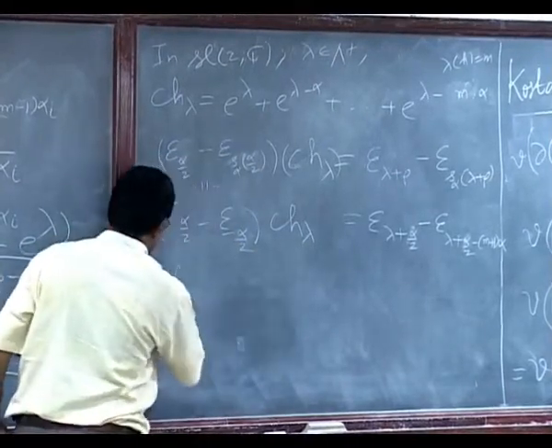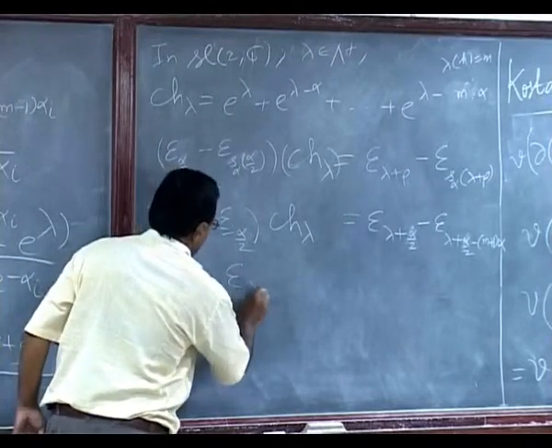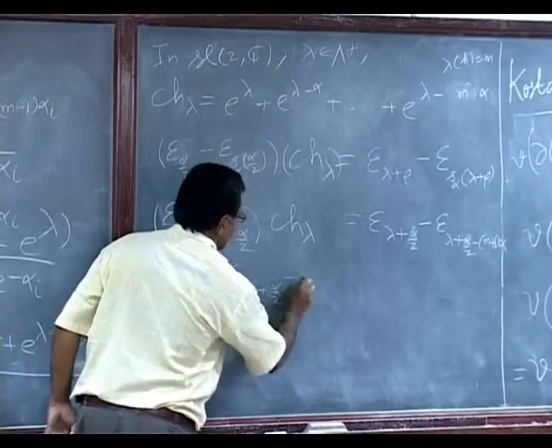So, what we need is c_lambda is equal to epsilon lambda plus alpha by 2 minus epsilon lambda.